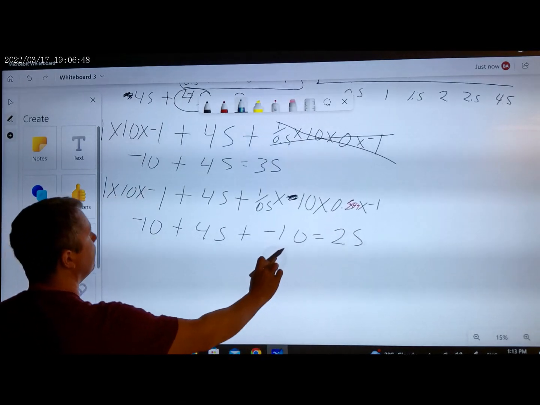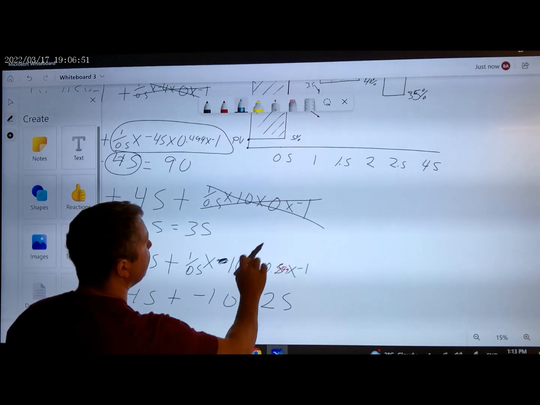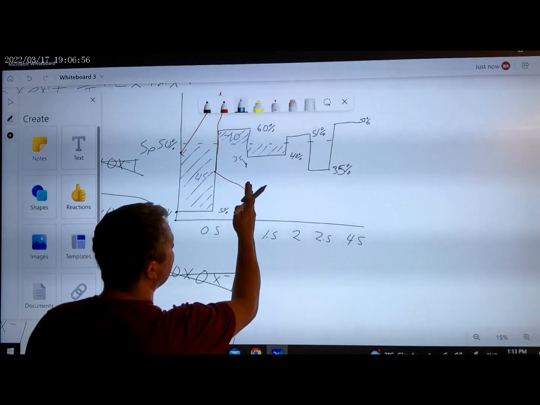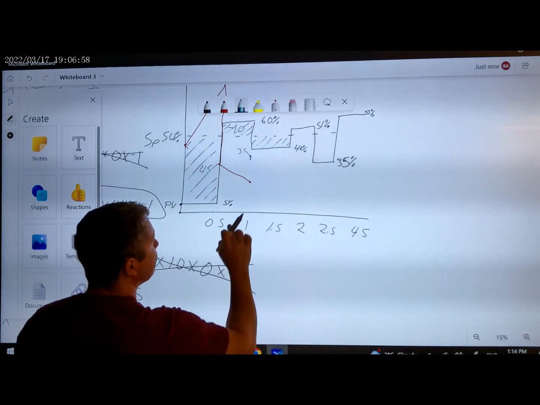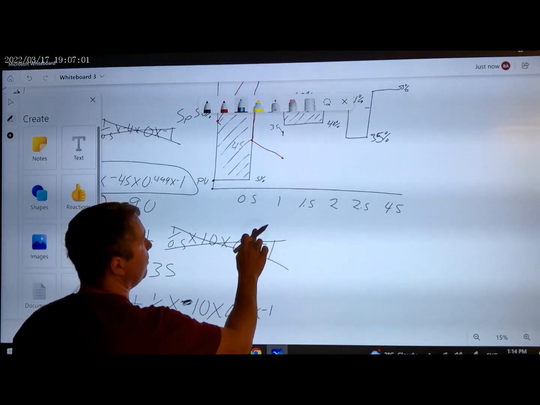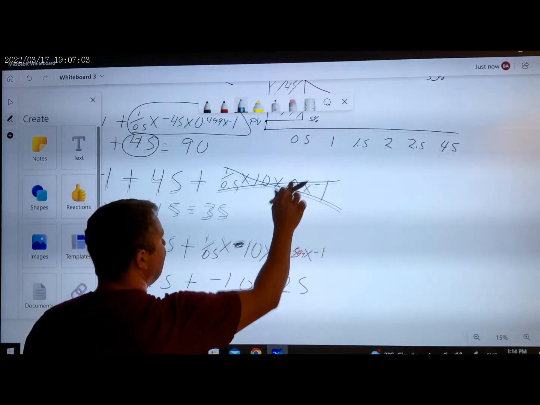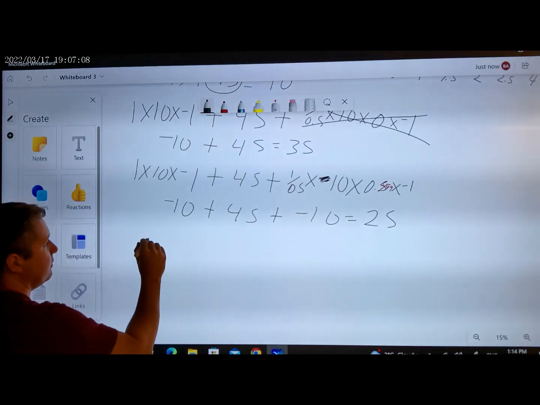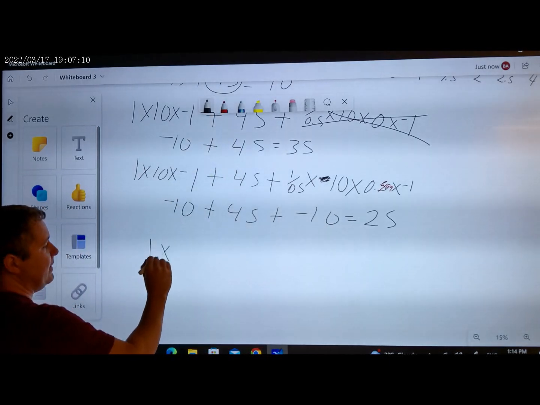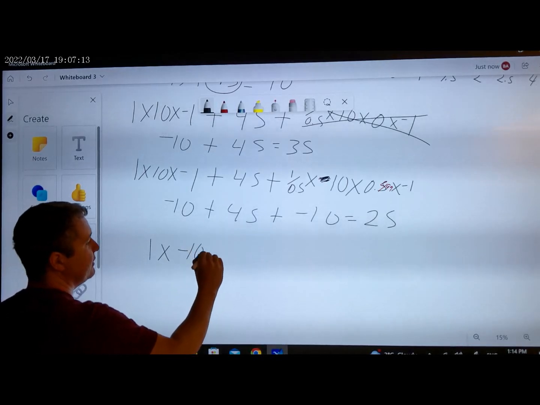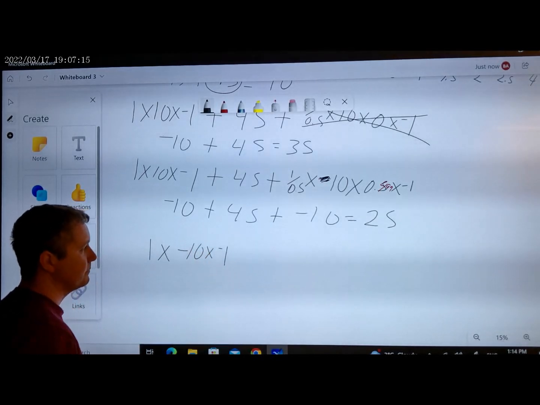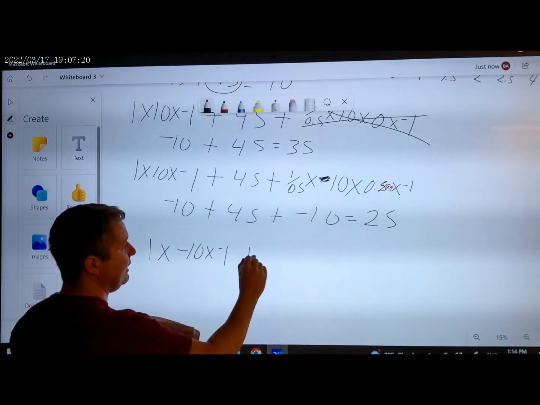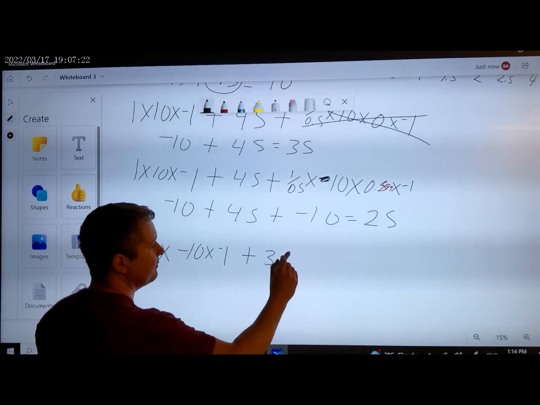So now we're going to go, now we're just crossing over that 1 minute mark, right? So now we're going to a 40% output or a minus 10 error. So we're going to go proportional gain times our error of minus 10 times minus 1. And we're going to go plus 35.